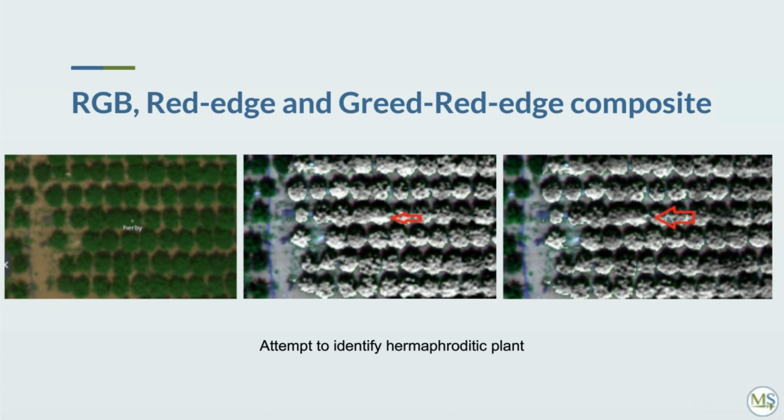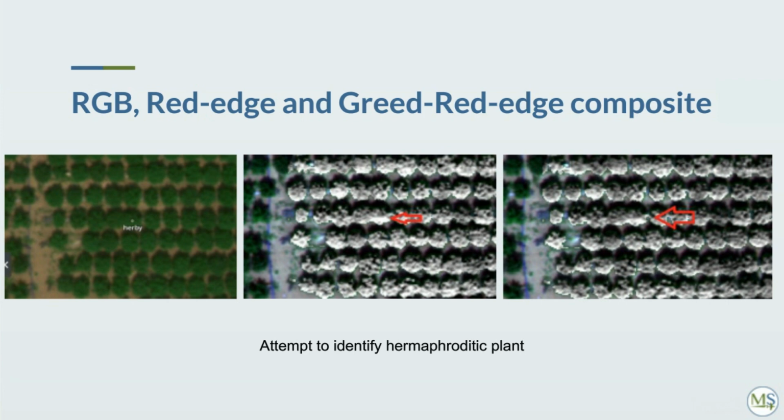In the middle image here, we're looking at just the red edge layer of reflectance. So we're just basically looking at the red edge layer raw. It's not a composite or an index, it's just the red edge layer. And what we're seeing is this plant is showing a little bit higher reflectance than the plants around it in the southern half of that plant.